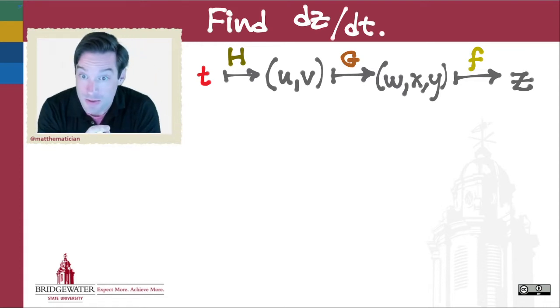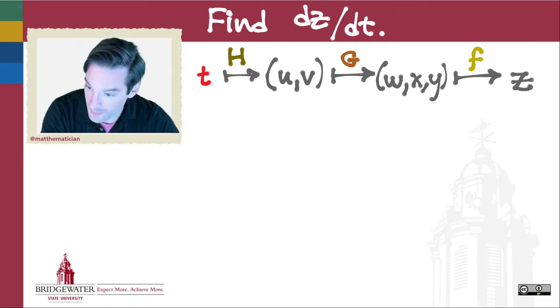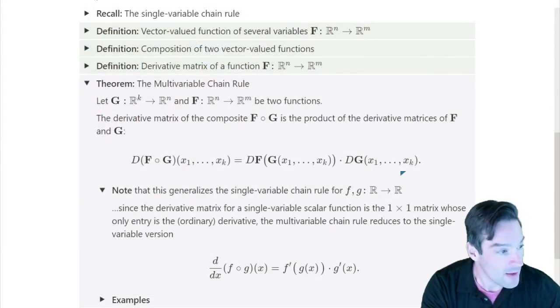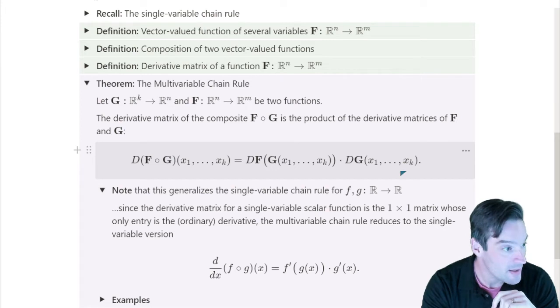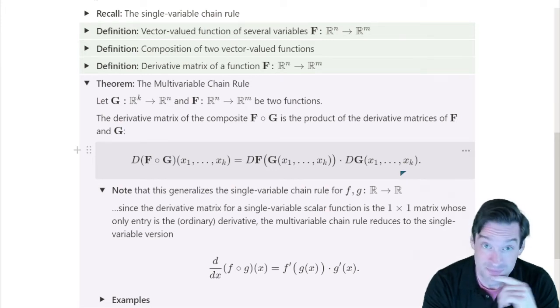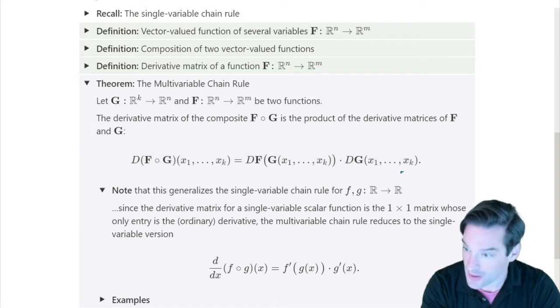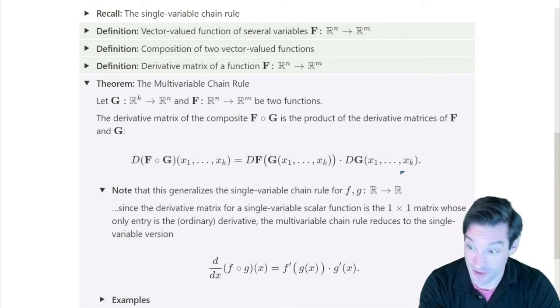So according to the multivariable chain rule, let's put it back on the screen here for a second. The multivariable chain rule tells me that the derivative matrix of a composition is the matrix product of the derivative matrices of the original functions. And so if it works for a composition of two functions, it also works for a composition of three functions.